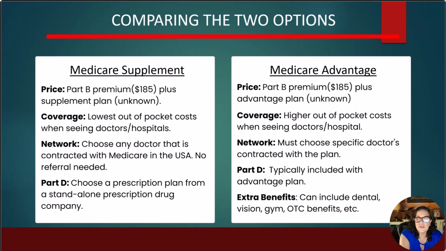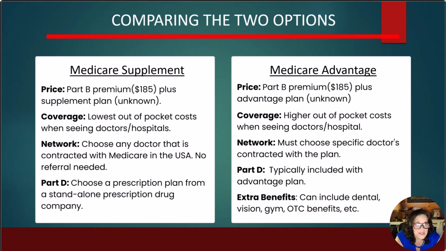And the coverage level, either an HMO or a PPO, we have a network of doctors. We're going to choose doctors in network to get the best pricing we can have. So this type of plan is based on where you live geographically. It doesn't have the same flexibility as a Medicare supplement plan has with regard to network. Typically, though, this plan will include your hospital, medical, and prescriptions in one plan.